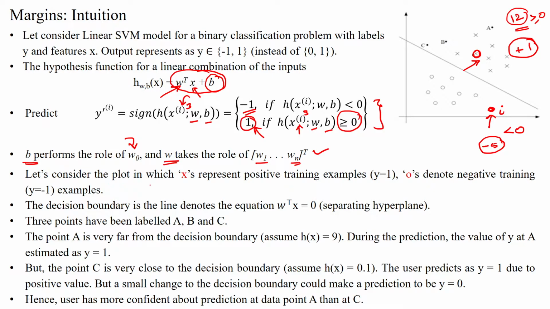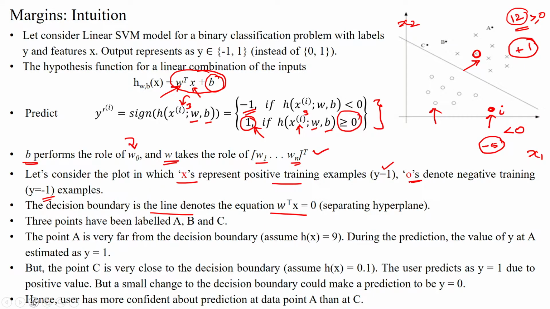In this plot, let's consider x as the positive training samples, represented as y equal to +1, and circles as the negative training samples, -1. The decision boundary is a line because we have two-dimensional features. The equation is w transpose x equal to 0.